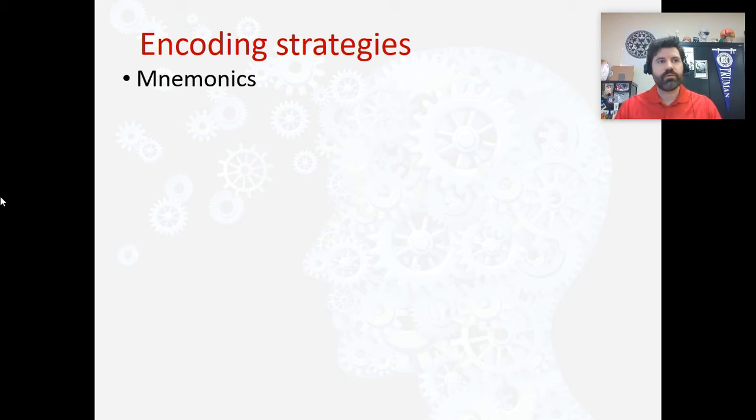If you remember never eat soggy waffles for northeast, southwest, there's tons of mnemonics in math class, right? These are memory aids. Sometimes it's a little riddle, sometimes it rhymes, sometimes it's an acronym, sometimes it's something visual. It's an extra piece of information that helps you remember the content you're trying to remember.